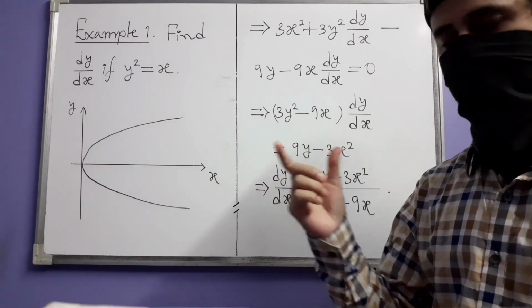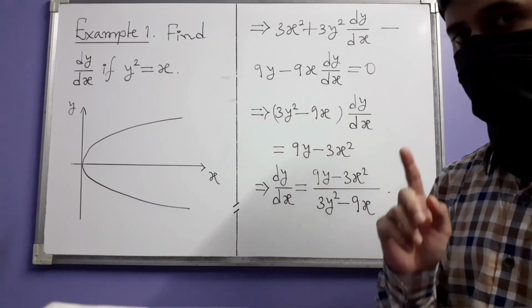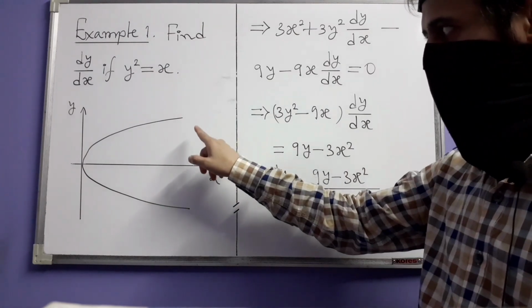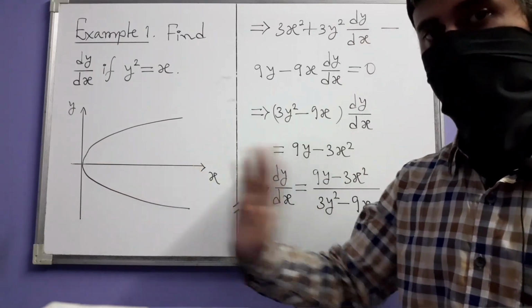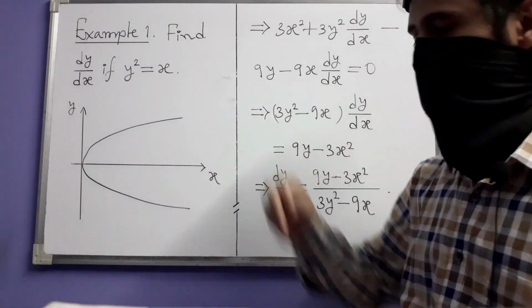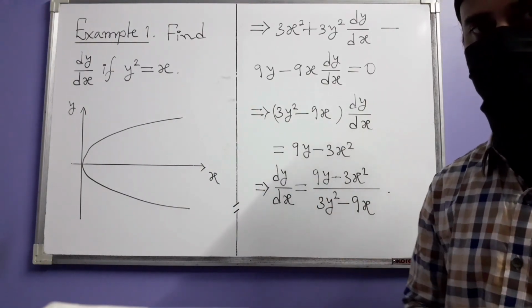Unlike how complicated the previous equation was, this one is somewhat manageable and we can actually find those functions in this case, so that their graphs give this entire graph. And those two functions you can clearly see are the positive square root of x and negative square root of x.